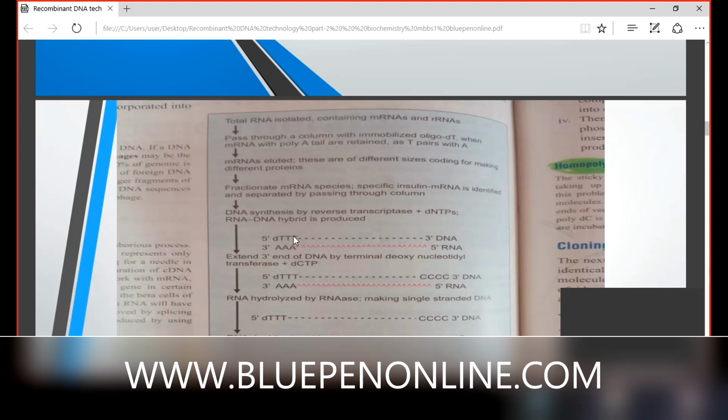Then next we get an mRNA, so it's an RNA, and we start our reverse transcription. You know the steps of reverse transcription.